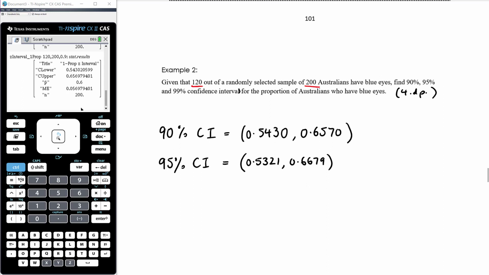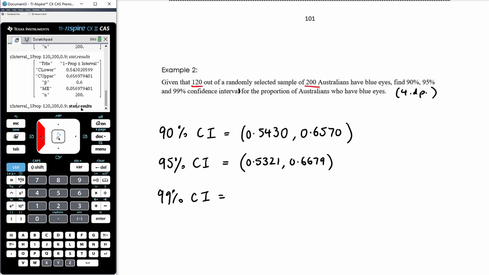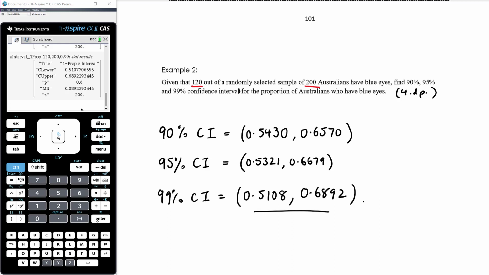Okay, and then if we want a 99% confidence interval, I'm just going to edit here and change where it says 0.9 to 0.99. We're going to get 0.5108 and 0.6892.